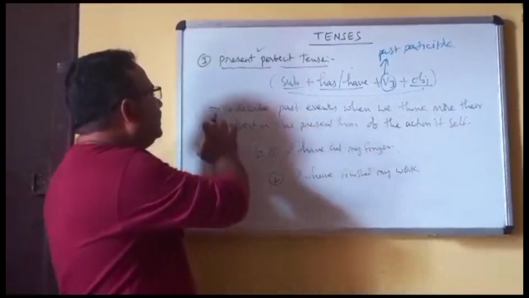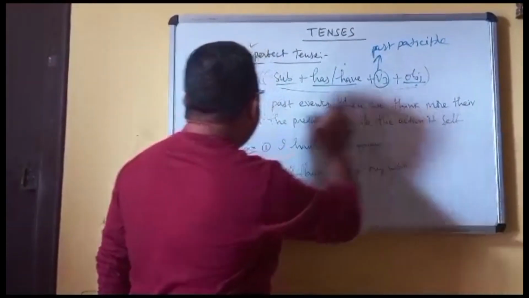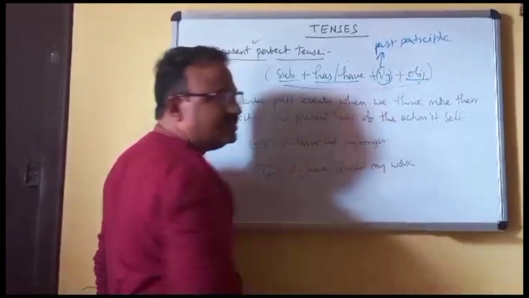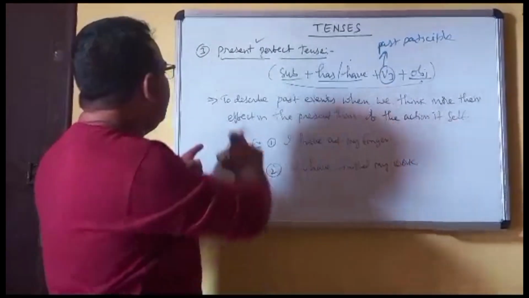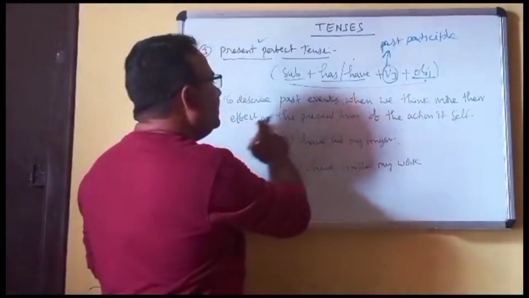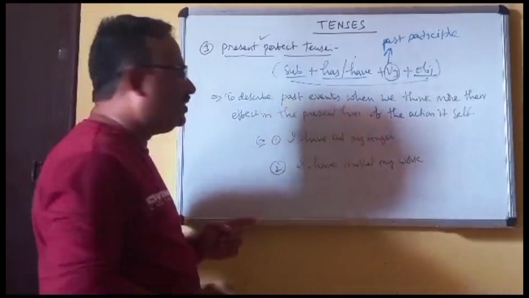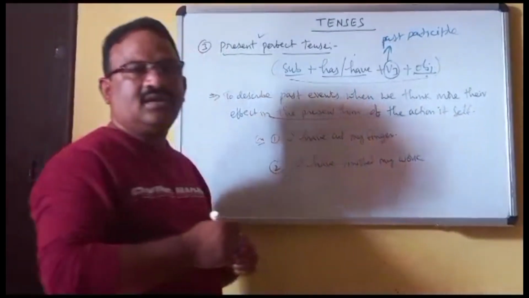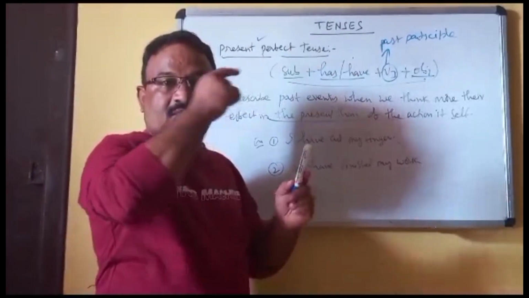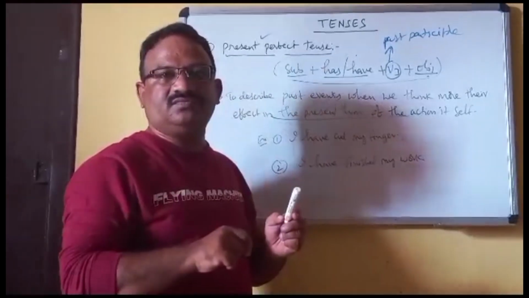Now, third condition: to describe past events when you think more about their effect in the present than of the action itself. That means the action happened in the past, but the result or effect is still present now.